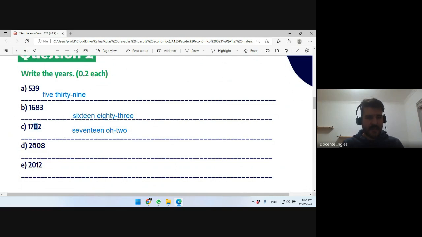Letter D, we have 2 zeros in the middle. In this situation, we don't divide. 2008. So 1 0 in this position, O. 2 zeros in the middle, don't divide the complete number.